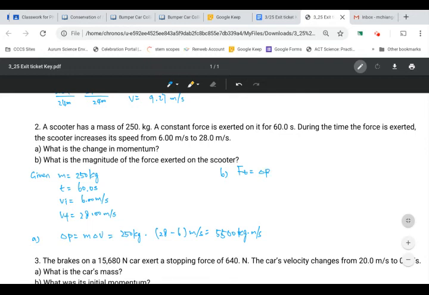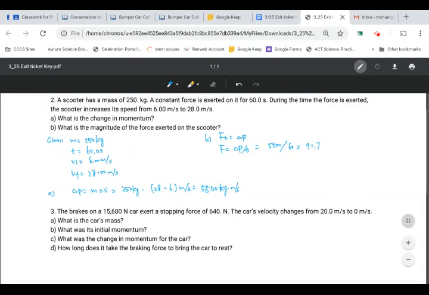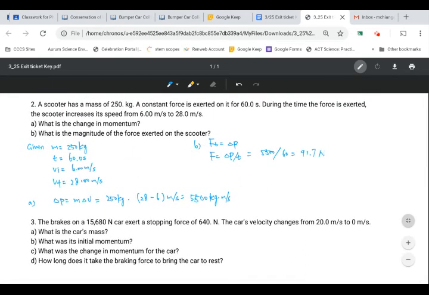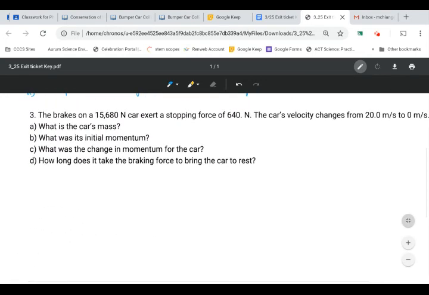So F equals delta p divided by time. Delta p is what we just got, 5,500, divided by the time, which is 60 seconds, and you get 91.7. And the unit is Newton. Okay? All right, number 3.